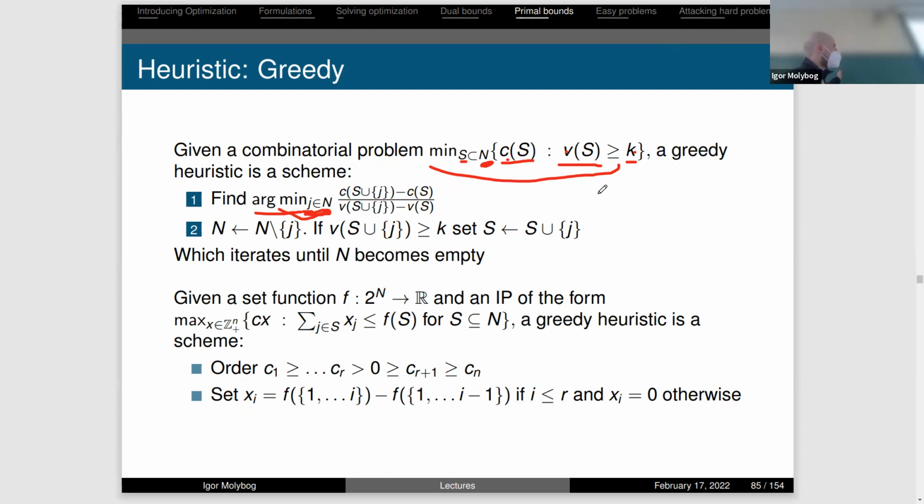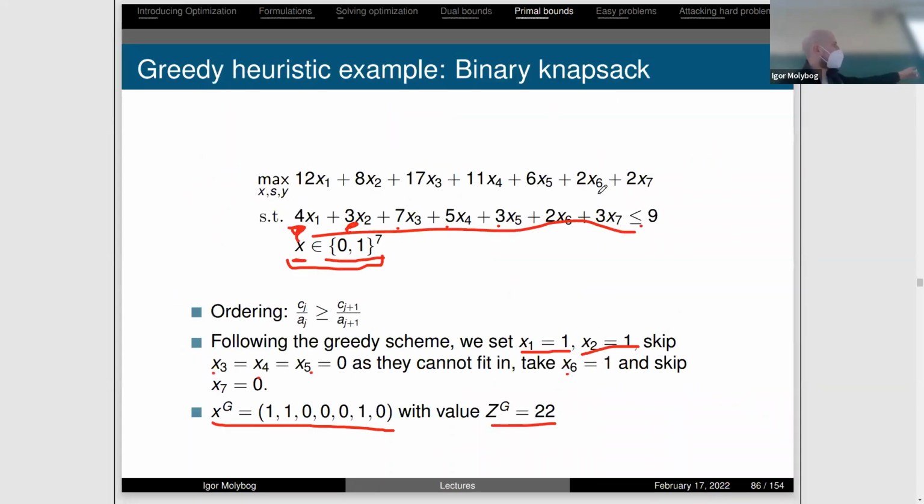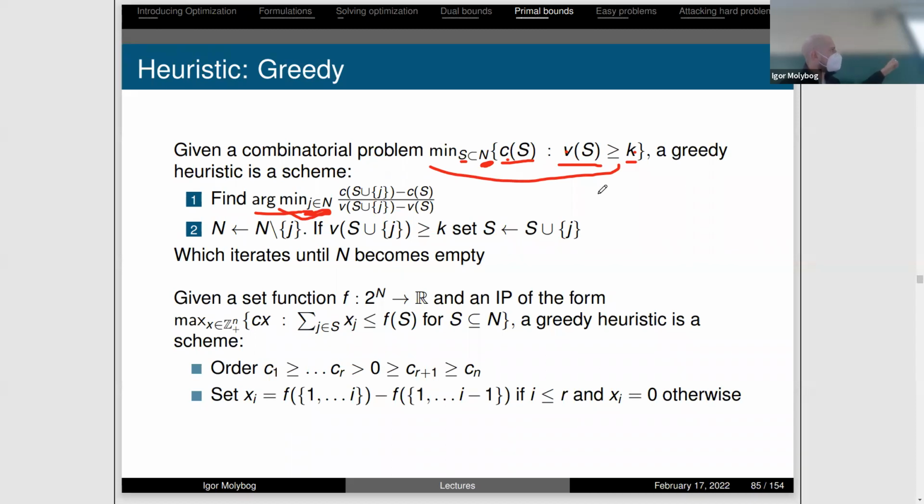So after we have ordered them, when we are at set J, for example, here, when we are considering picking up object number 3, our set S is the first 2 objects, right? And we have object 3 that is outside of set S. And when we are finding that argmin, we are essentially trying to understand which object we should be considering next.